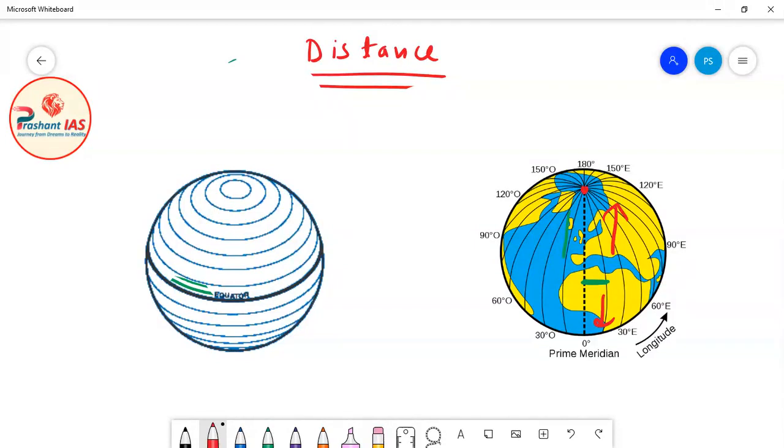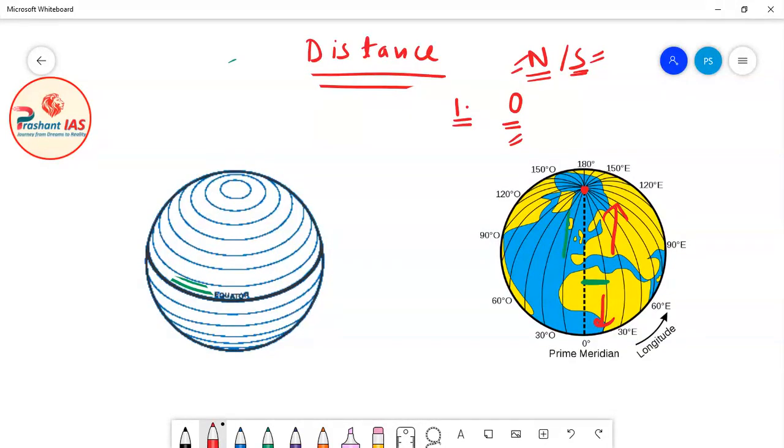So one thing is clear: the distance between all the meridians of longitude is 0 at the poles. Whether you are talking of the north pole or the south pole, it doesn't matter; the distance is 0 at the north pole as well as at the south pole.